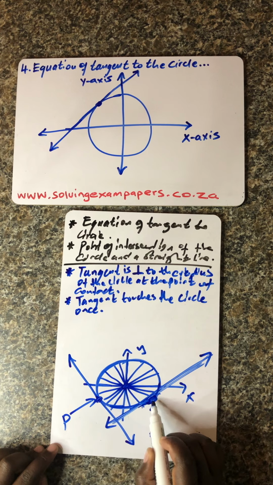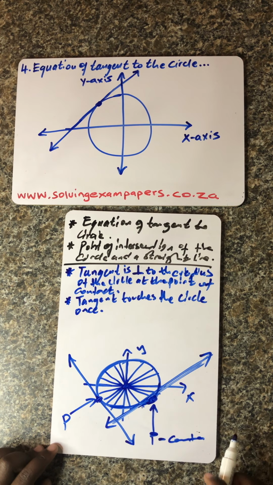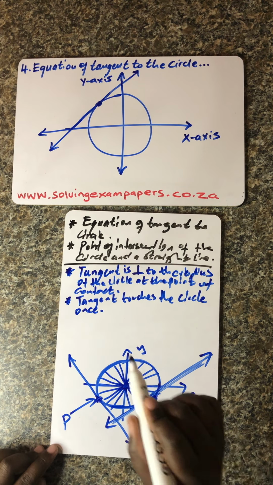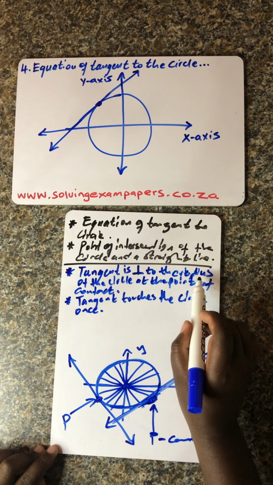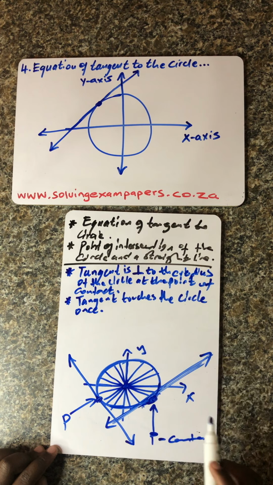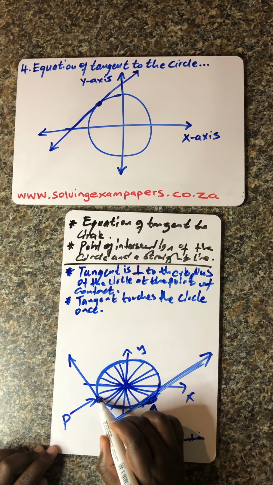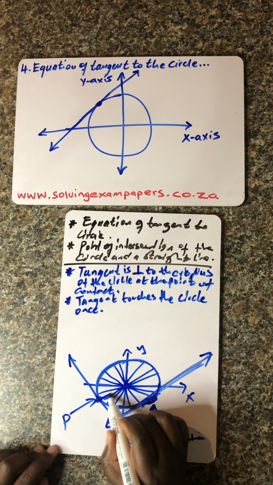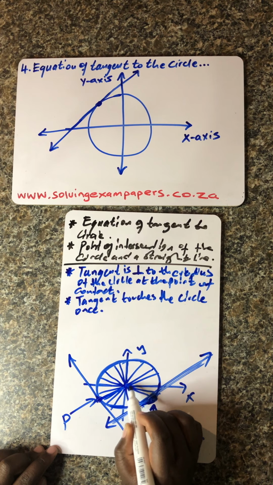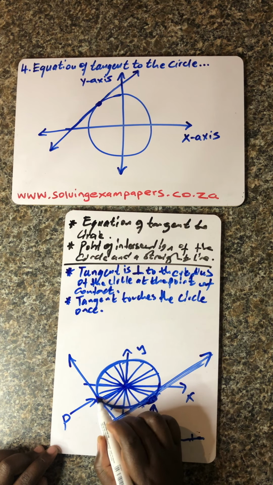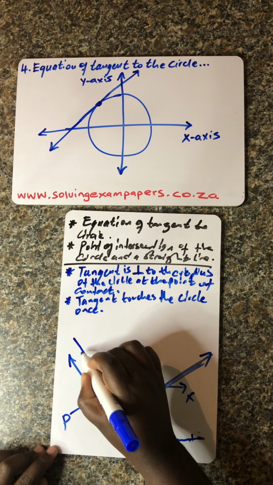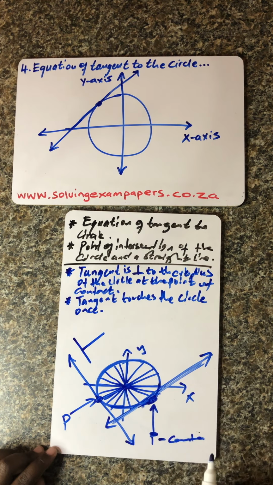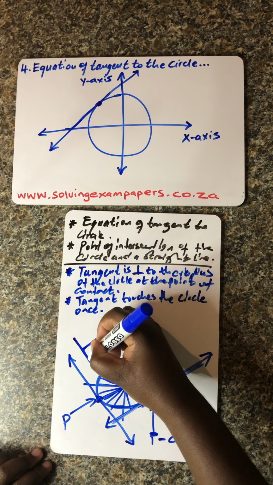Obviously, you can see this is straightforward. Now we say the tangent is perpendicular to the radius of the circle at the point of contact. So that means the radius that radiates from the center to that point of contact forms a right angle, because this is that straight line.